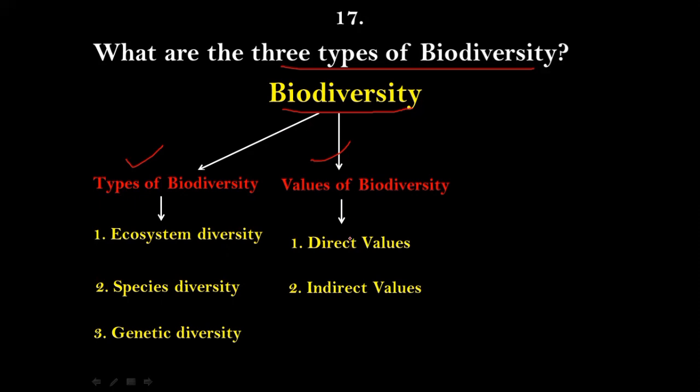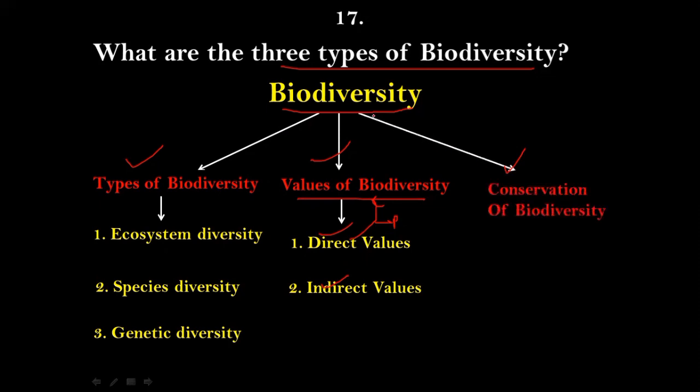These direct values again are divided into two parts: one is the consumptive use value and the other one is the productive use value. We will try to elaborate on the topic in the next classes. So for now, for the values of biodiversity, we have two, that is direct values and indirect values. And the third most important topic with regard to biodiversity is the conservation of biodiversity.